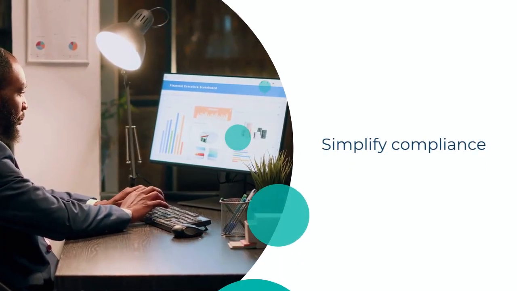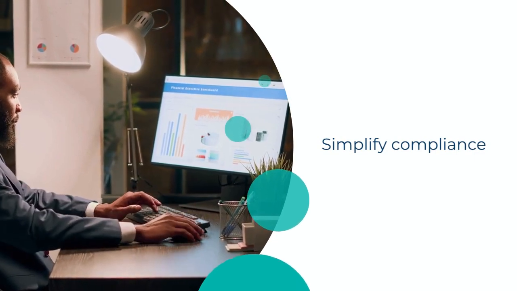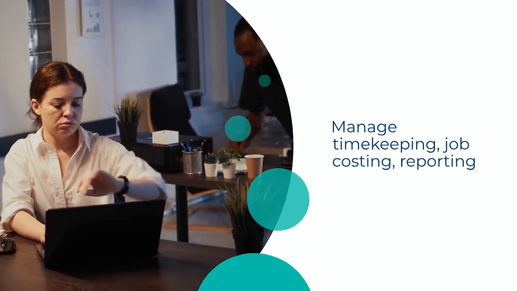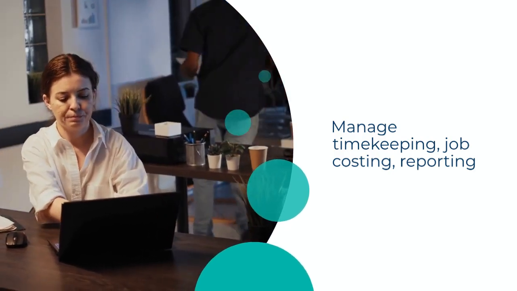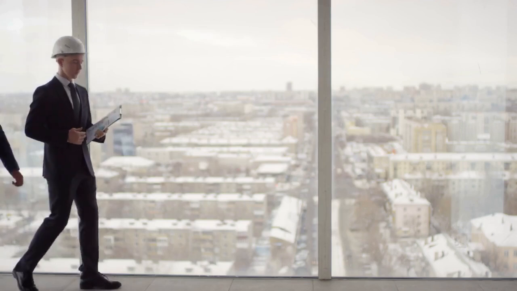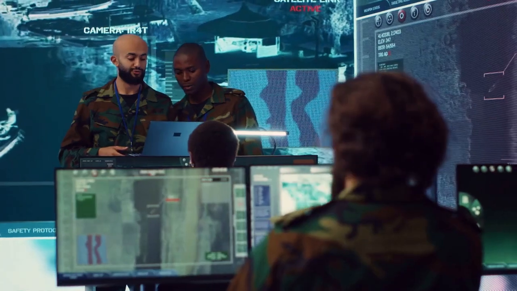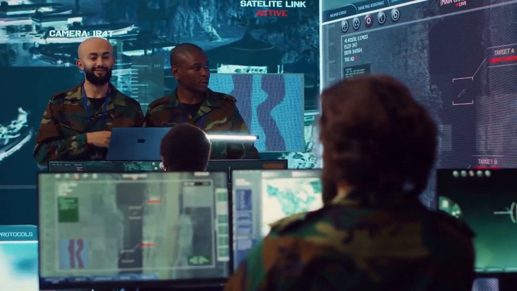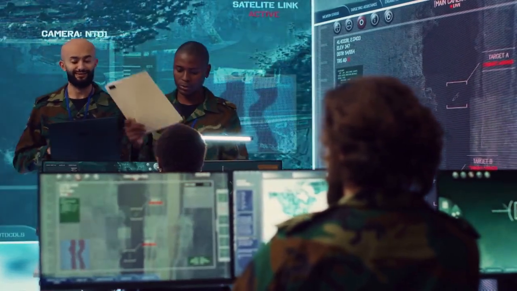Tools like QuickBooks Enterprise can also simplify compliance, offering contractors a reliable platform for managing timekeeping, job costing, and reporting requirements. By prioritizing compliance, contractors gain more than just regulatory approval. They build a sustainable foundation for growth, financial stability, and continued success in federal contracting.